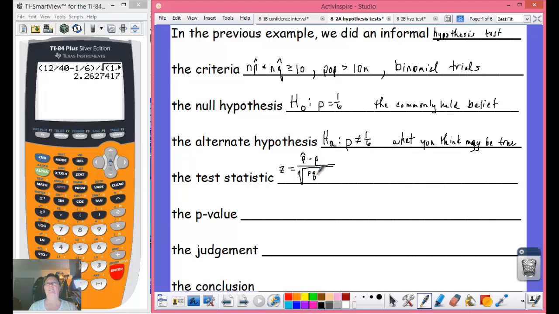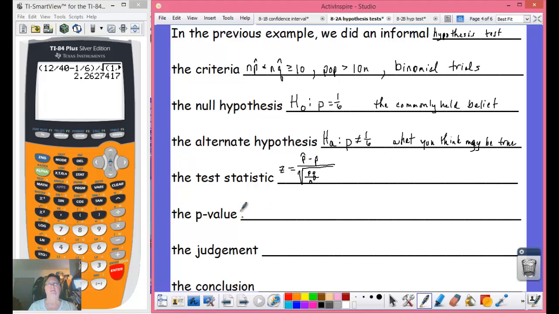You're not going to say that it's your sample. You're going to say p times q, because that's what's supposed to be true, divided by sample size. For us, again, the values are on the calculator. The p-hat was 12/40, the commonly held belief 1/6, and then 1/6, 5/6, and 40 because we had 40 dice rolls. So it's just the z-score for a given p-hat.